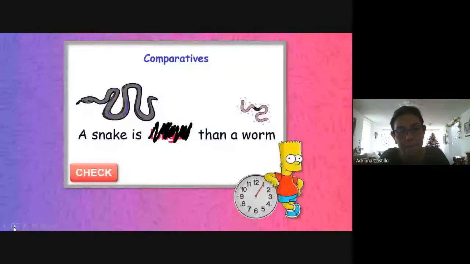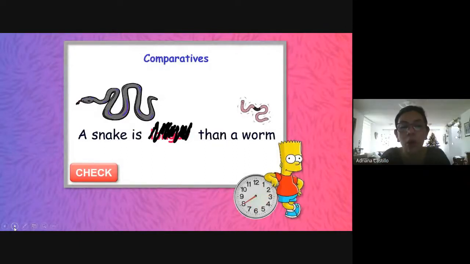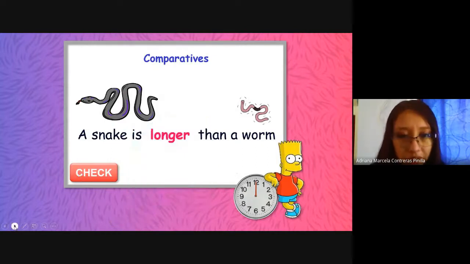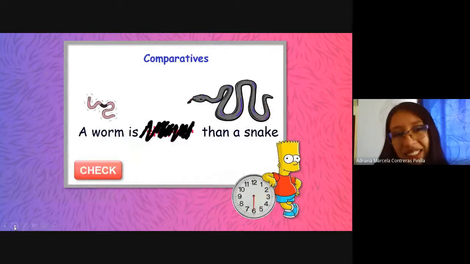In this case, a snake is longer than the worm. A worm, very good. Worm is a new word for me. Did you remember the previous class when we played a memory game?